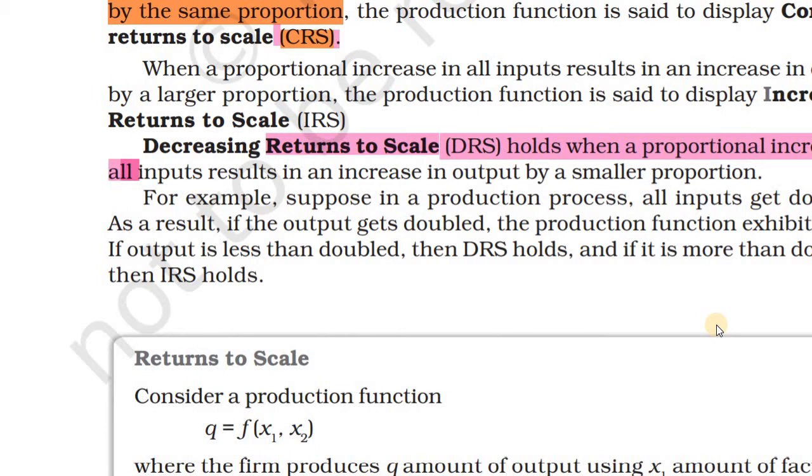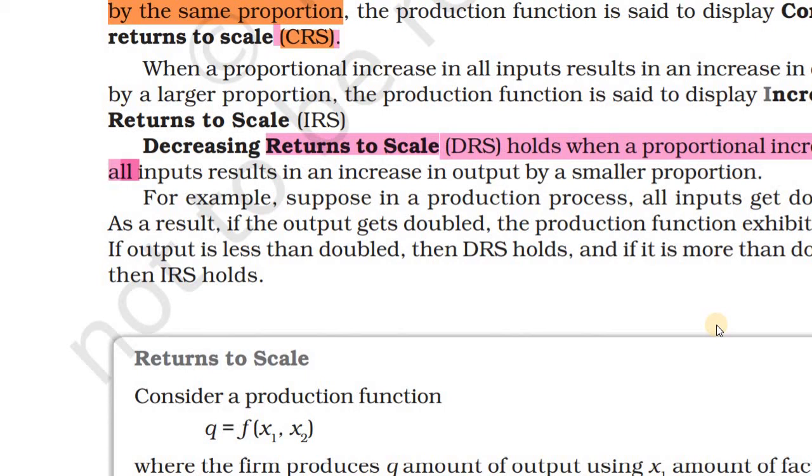Output less than double, then it is decreasing return to scale. If it is more than double, means we gave 5% increase and we are getting 8% or 10% increase, means increasing return to scale. Then these are the returns to scale.